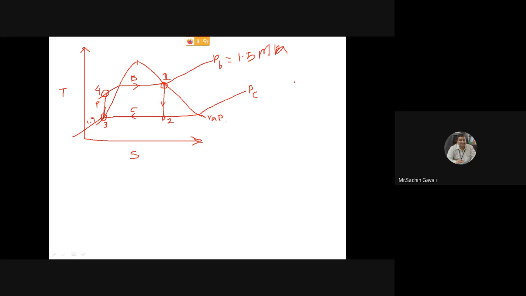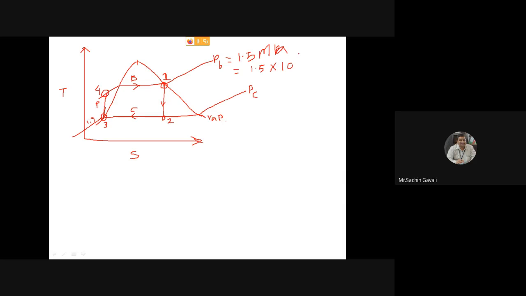Bar. So this megapascal we have to convert into bar. How to convert? It is equal to 1.5 into how many pascal?